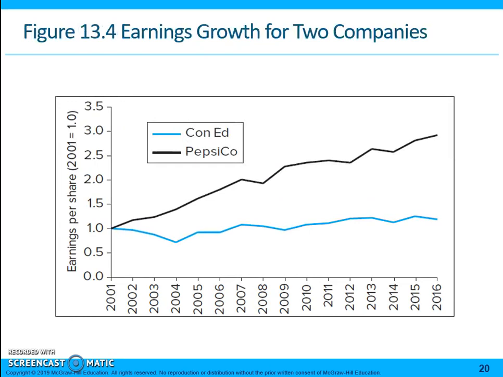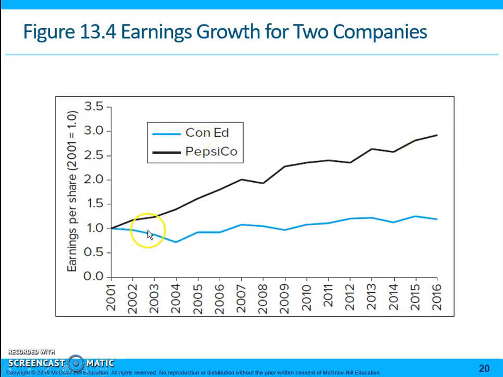Figure 13.4 shows earnings growth for two companies. We've got Con Ed, which is a utility, and PepsiCo, which is a multinational corporation, so it's not surprising that we see earnings per share growth for PepsiCo of much greater level than Con Ed.